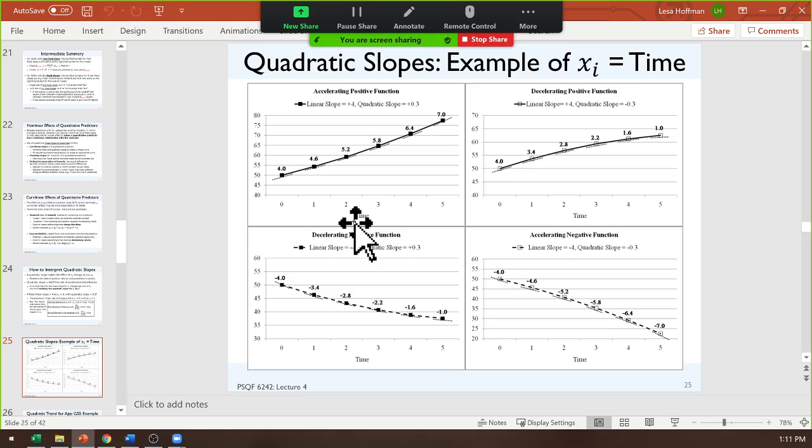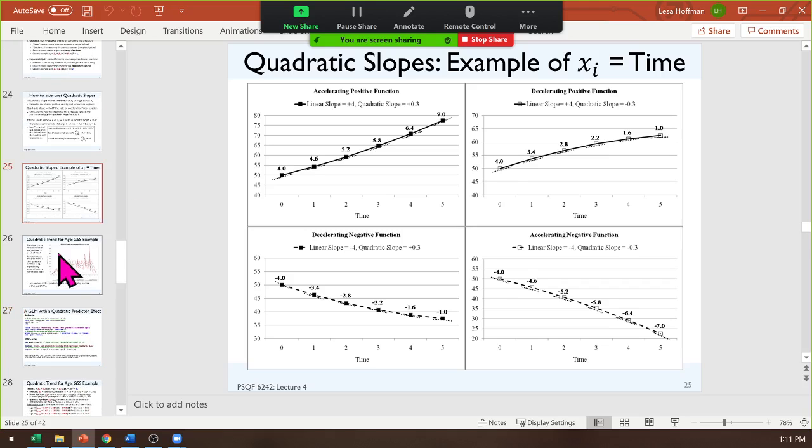Do you have a positive slope that becomes more positive, a positive slope that becomes less positive with a negative quadratic, a negative slope that becomes less negative, or a negative slope that becomes more negative? And the trick to interpreting quadratic effects correctly is remembering that the slope for the linear term, the predictor entered all by itself, is conditional specifically when that predictor is 0.